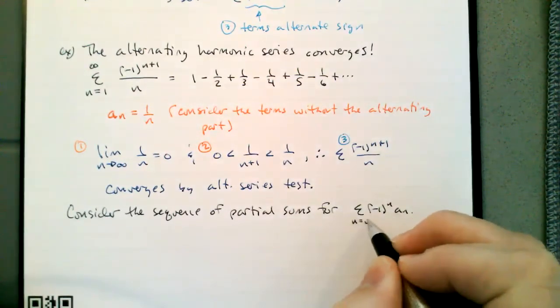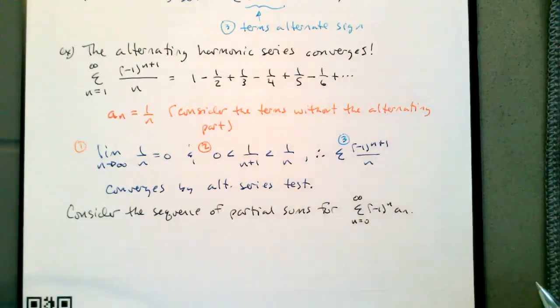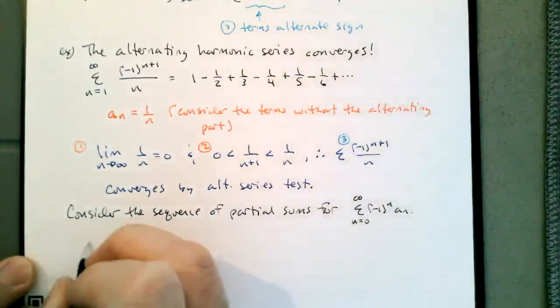I'll start off positive. If we consider the sequence of partial sums for an alternating series, the first term is just going to be a_0.